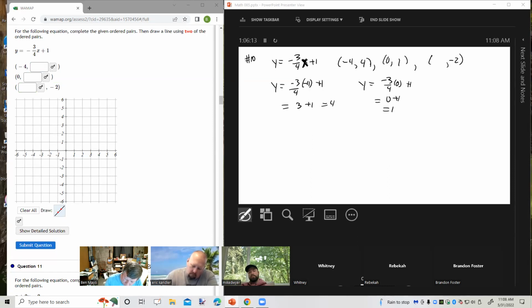or just 1. If y is -2, I get -2 equals -3/4 x plus 1. I'm going to subtract 1 from both sides. Then I'm going to multiply both sides by -4/3.